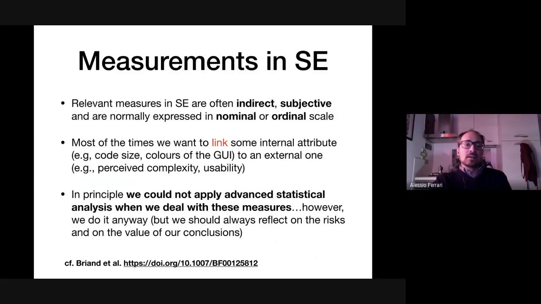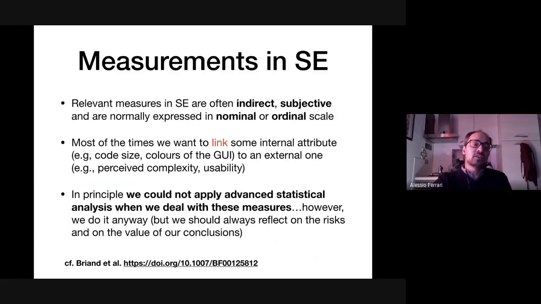However, most of the time what we want to do in software engineering experiments and in software engineering research in general is try to link some internal attributes, like code size or the color of the graphical user interface, to some external ones, like perceived complexity or usability.